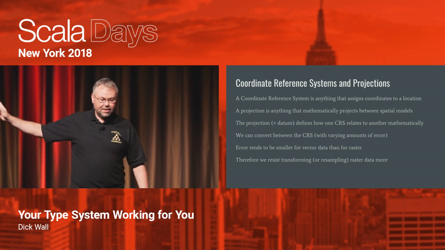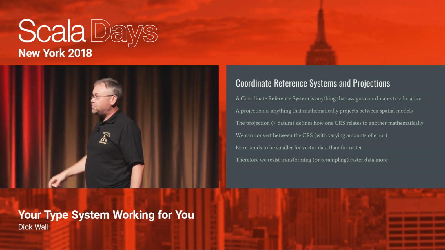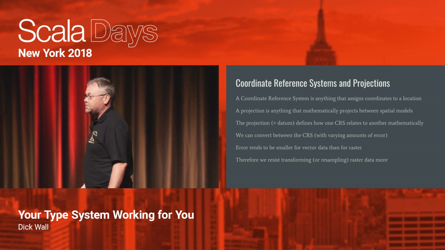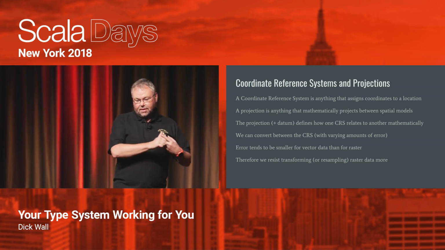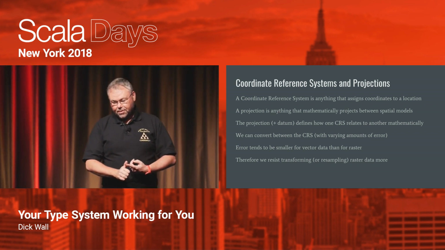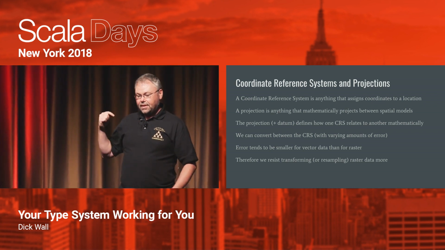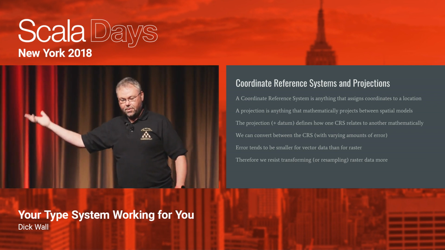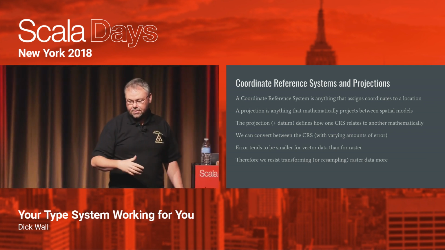And that's where all of this comes in, coordinate reference systems and projections between coordinate reference systems. So some definitions. A coordinate reference system, or a CRS, as it will be called from now on because it's a lot easier to say, is anything that takes numbers and makes a location out of them, on the Earth or on the Moon or in the galaxy, whatever it is.